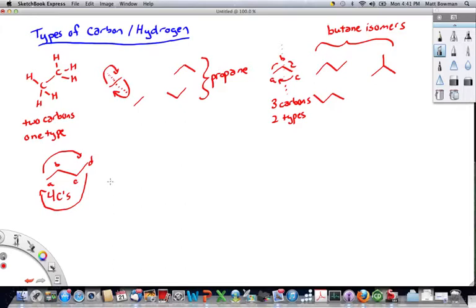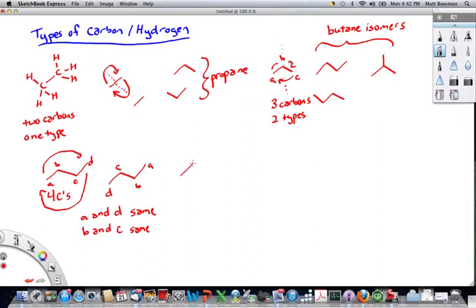Spinning that molecule around, you get the exact same thing out of it. So A and D are the same. B and C are the same.